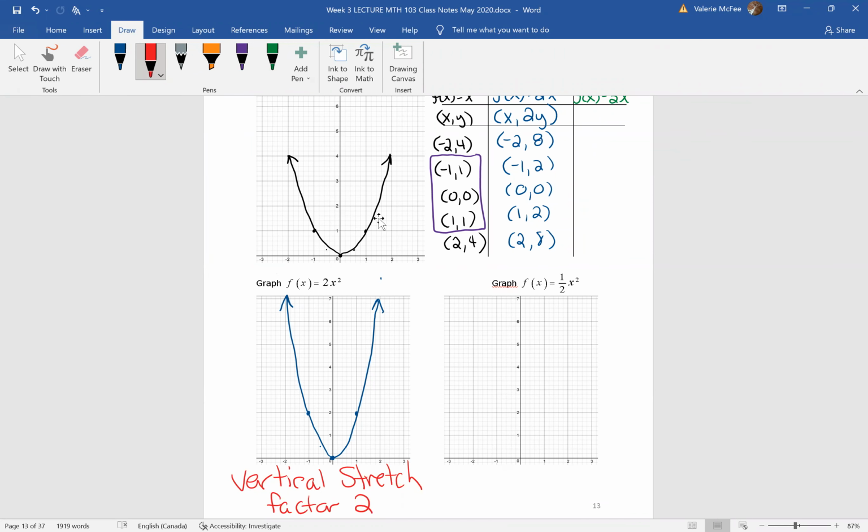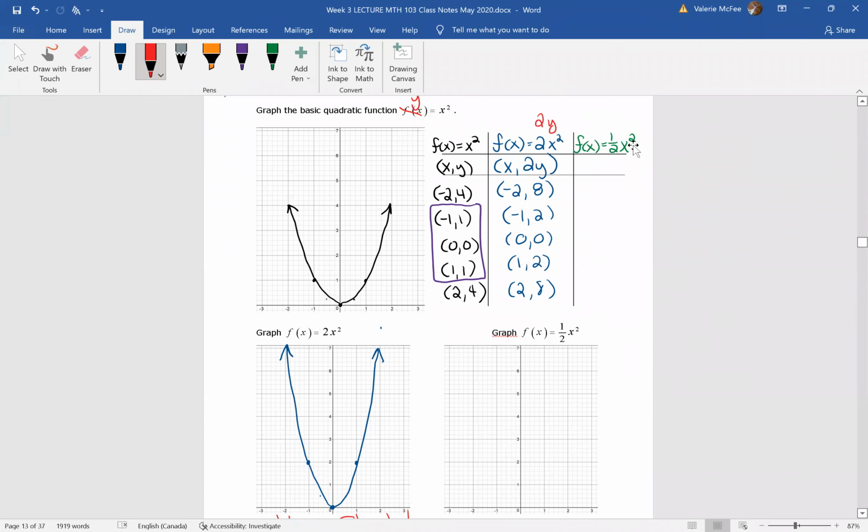We have another equation here, f of x equals 1/2 x squared. So again, we know that x is staying the same, and we're multiplying our y coordinate by 1/2. Why don't you find those new ordered pairs and graph that function?